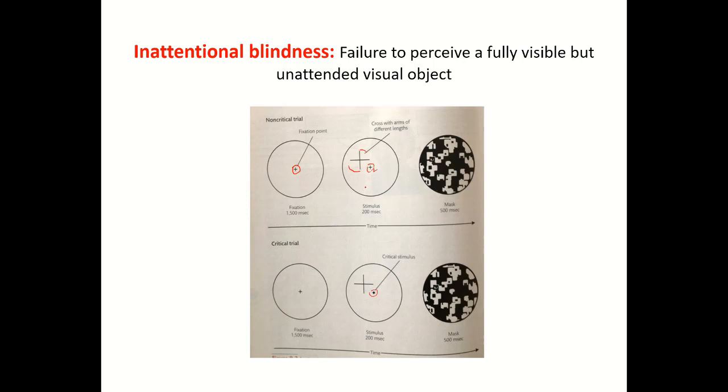The subject reported negative. The subject did not notice that while he was paying attention here, the shape of the fixation point changed. So that is called inattentional blindness. The subject was blind here. He didn't notice the change of the fixation point, although his eyes were fixated on it.